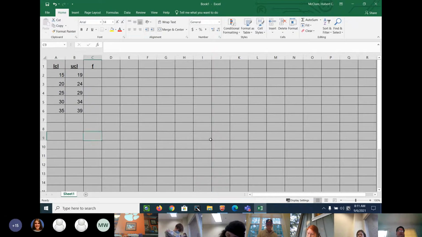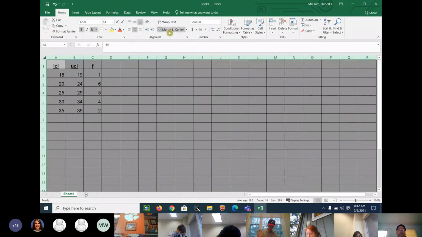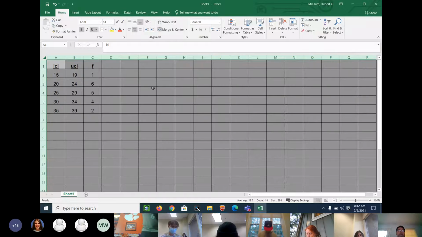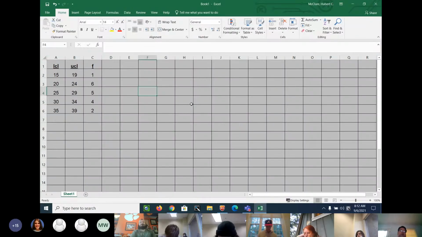And the frequencies: 1, 6, 5, 4, and 2. All right, now what I want everybody to do is give me the class boundary, the class width, the midpoints, and then find the mean and the standard deviation.